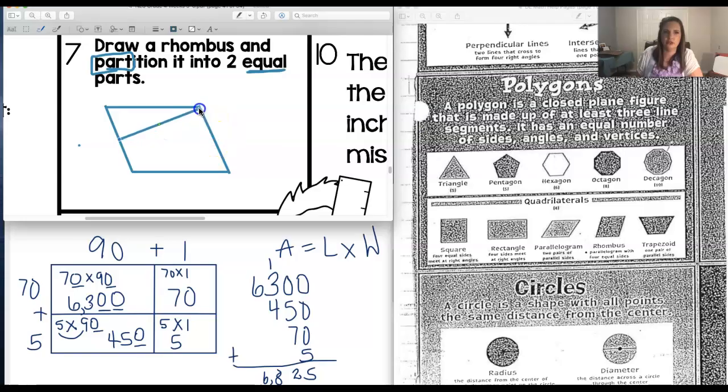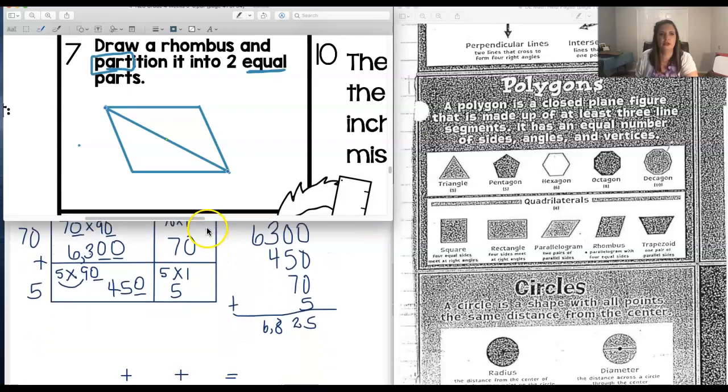Okay, so there's a few different ways you can do it, but remember that you should be able to fold it over in half on each other, and if you did it correctly, then it will be exactly equal.